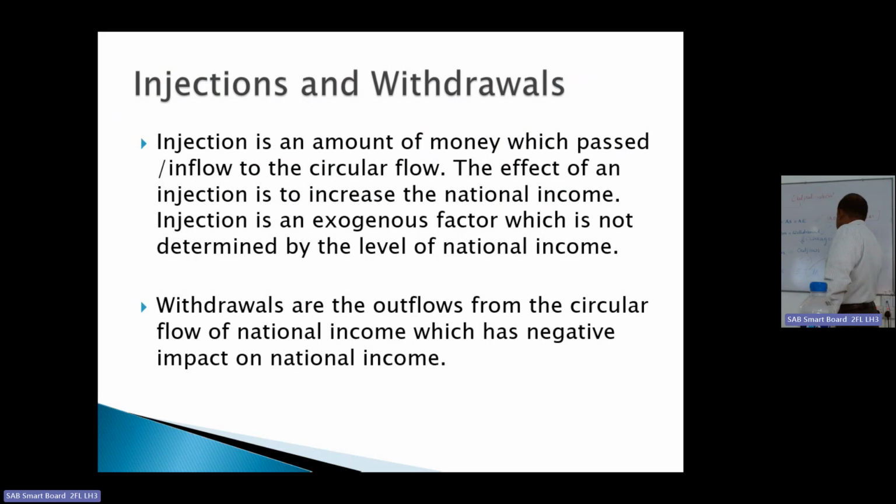So when tax increases, what happens? Disposable income reduces. When there is a decline in disposable income, that reduces consumption. When consumption decreases, that will reduce aggregate demand, because it's one element of aggregate demand.